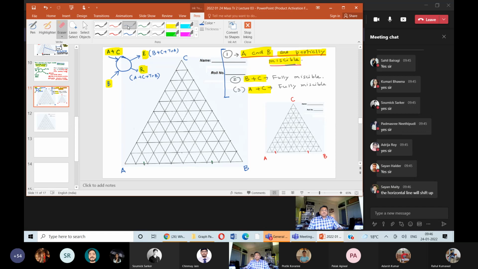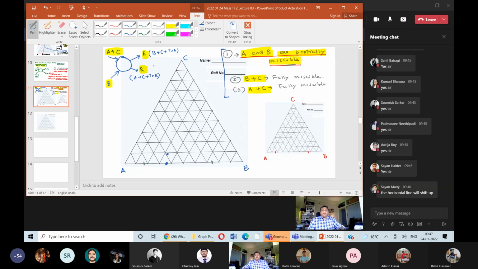So what will happen is, let's say you have a composition over here, which is splitting up into A and B. Now, if you add C, it will still keep on splitting up, but now the total amount of A and B is reduced. A is also reducing, B is also reducing, if nothing else is happening, because there is some C that is coming in.